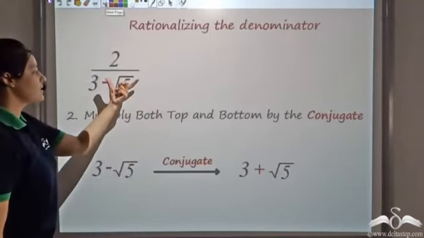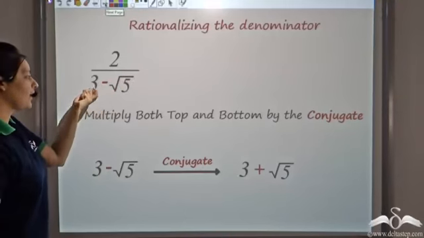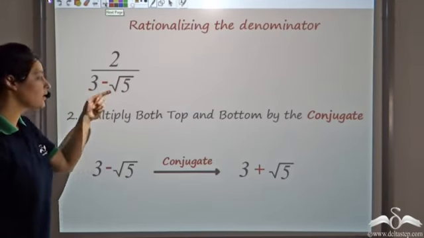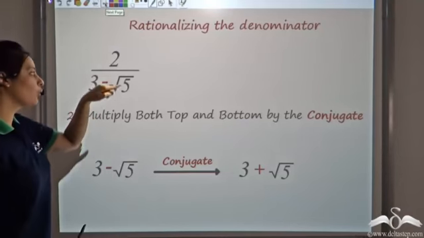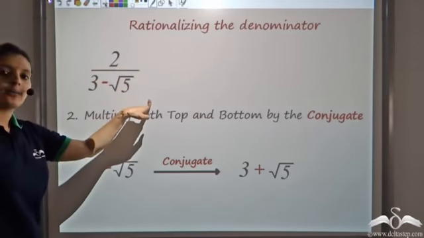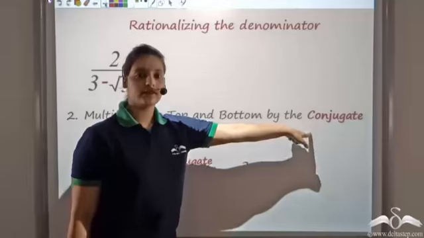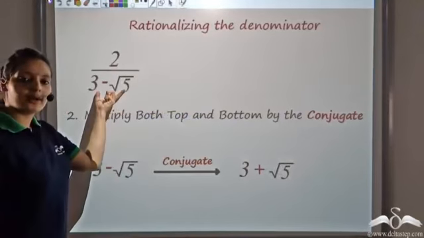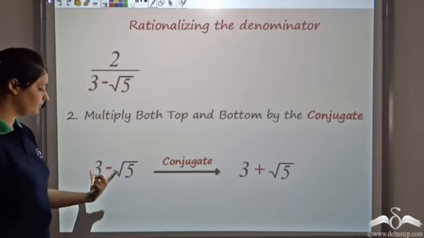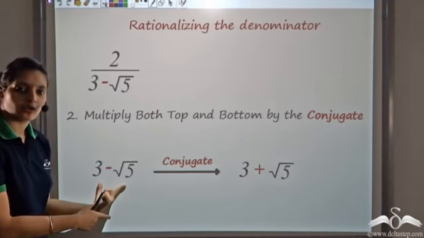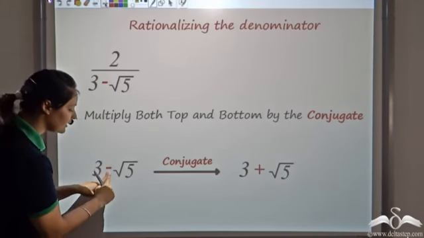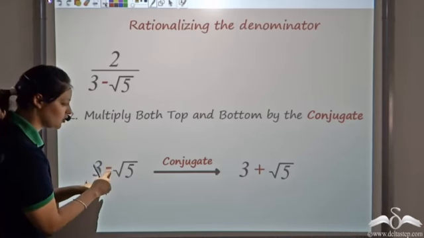So to rationalize this number, I have two terms in the denominator. To rationalize this, what I need is I multiply both the numerator and denominator by the conjugate. So the conjugate of the denominator is, this is my denominator, 3 minus under root 5. I find the conjugate of this denominator. That is, the sign in the middle changes.